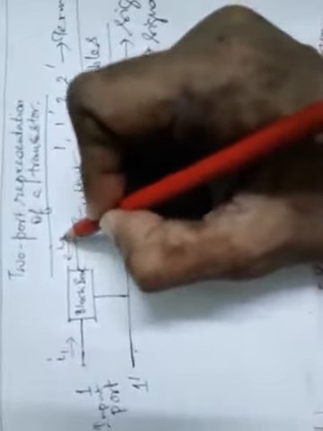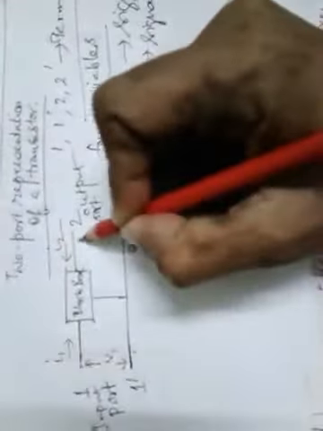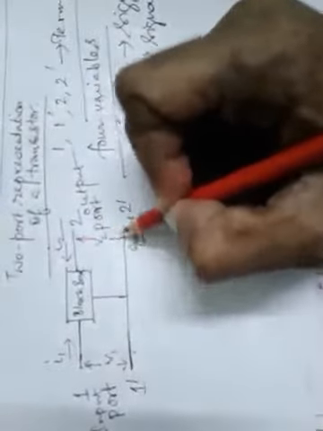You can easily understand that I1 and I2 are the incoming currents flowing from the input and output ports, that is 1 dash and 2 dash ports respectively, towards the black box or towards the transistor. And the voltage measured at the input port is V1 and the voltage measured at the output port is V2.